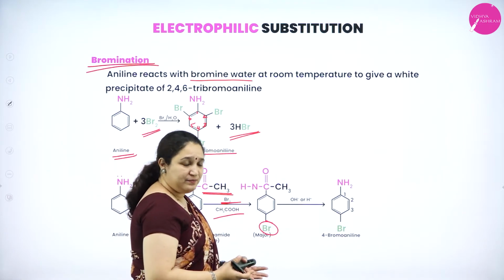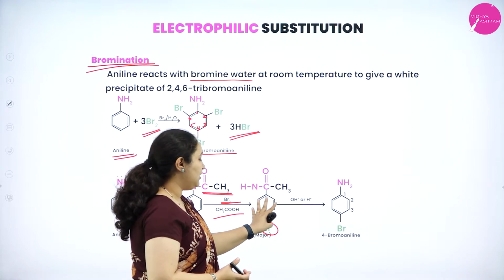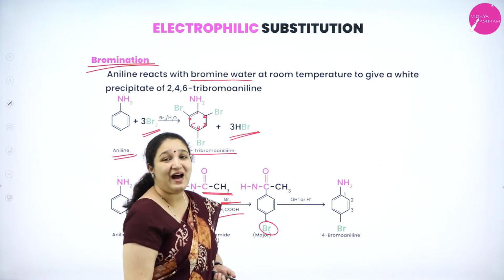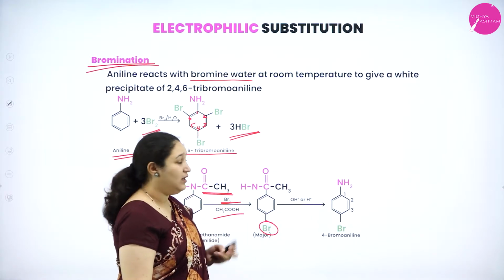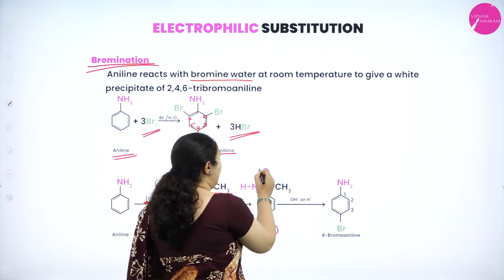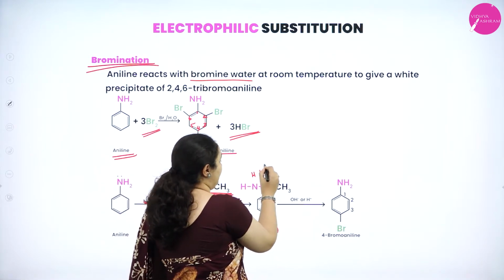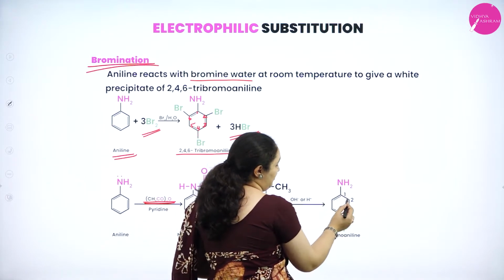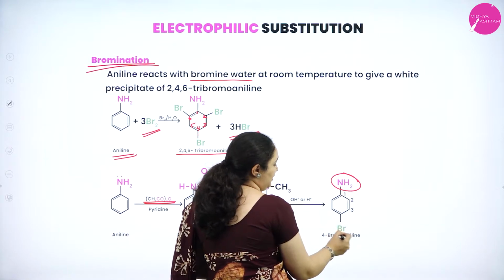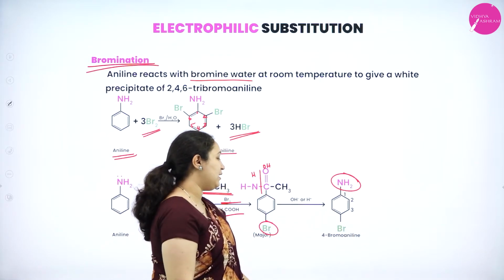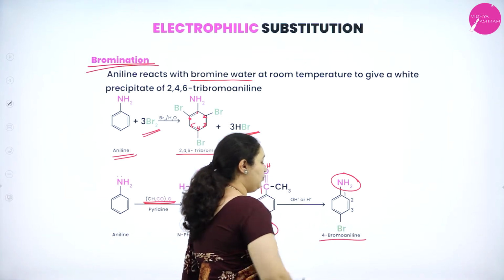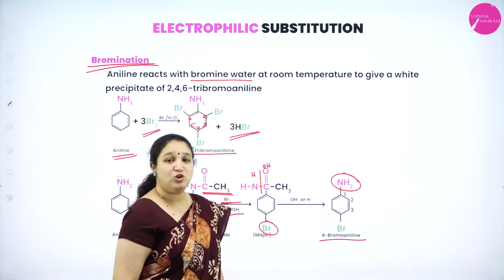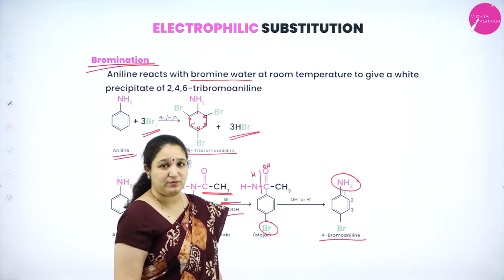So again, this particular product will undergo hydrolysis. During hydrolysis, again here you get H and OH will get added, and you get NH2 back in the same position. Now bromine is substituted only in the para position to give 4-bromoaniline.